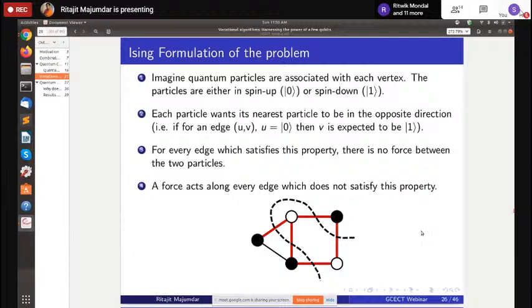We are not interested in that attractive force. For the time being, think only of repulsive force. These two are trying to repel, and these two are okay. There is no repulsive force here. So this is the physics idea of this classical problem.